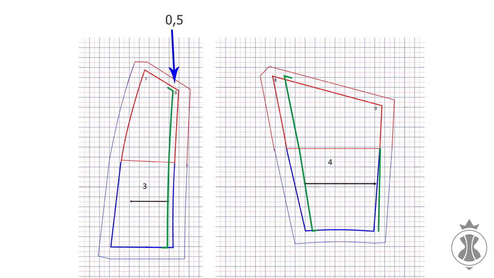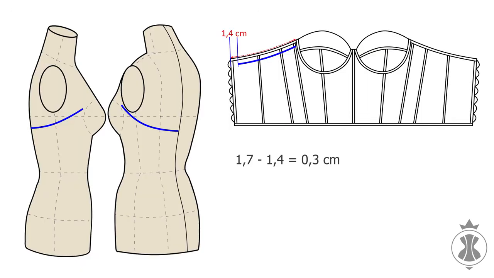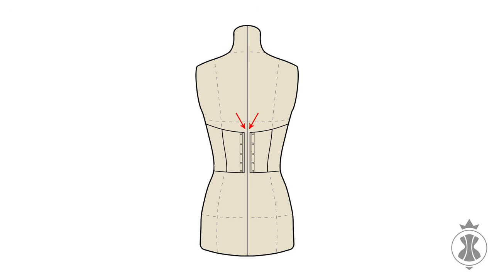The front was reduced by 0.5 centimeters and the back by 1.2 centimeters, which is 1.7 centimeters in sum. 0.5 plus 1.2 equals 1.7 centimeters. We will calculate the real difference of this measurement values on the original and adjusted patterns. It is just 3 millimeters. 1.7 minus 1.4 equals 0.3 centimeters. So, nothing else should be changed in the details of the pattern.